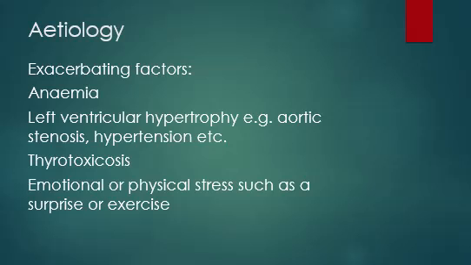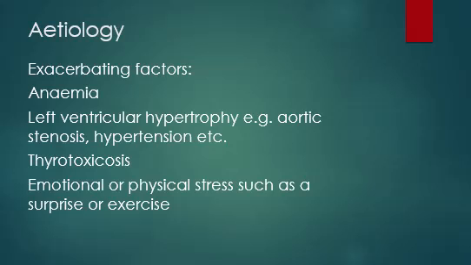Following on from that, it makes sense that something like anemia could make stable angina worse, because in anemia, your blood is less capable in carrying oxygen, and it's the oxygen that the myocytes need to work. So if you have anemia and it's severe enough, I think it does have to be quite severe to actually worsen angina, but if it's severe enough, it could make the angina even worse.